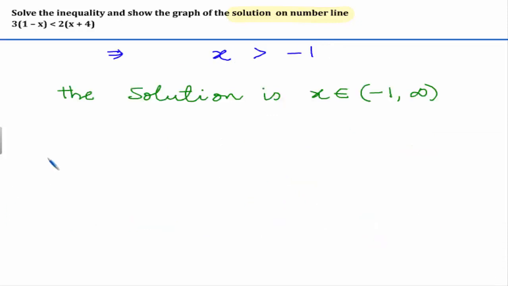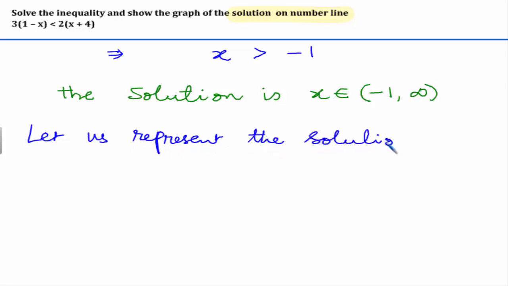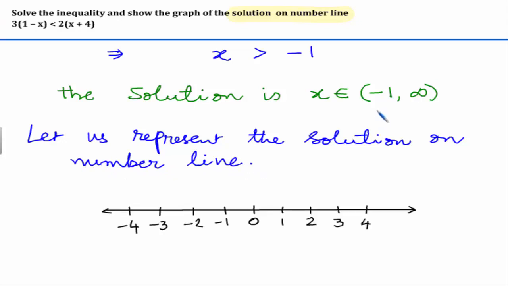Now let us represent the solution on number line. Now look at the solution. The left side is -1. So select the -1.